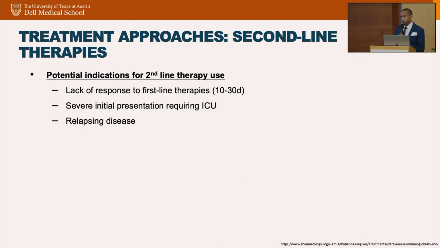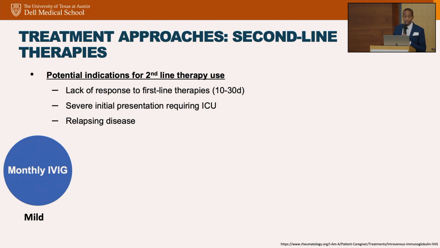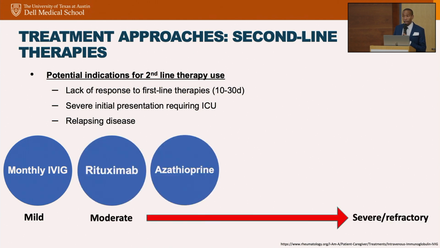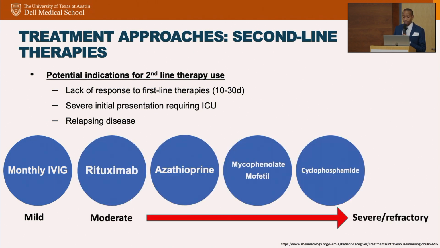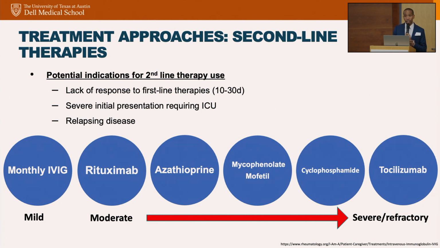What are the second-line therapies? So in general, there's monthly IVIG, rituximab, azathioprine, mycophenolate, Cytoxan, and tocilizumab. And I put them on a scale here. So in very mild cases, I'll do monthly IVIG. But for moderate to severe, which is the majority of these kids, I'll usually do rituximab. Rituximab has the most consensus to utilize in NMDA receptor encephalitis in children.